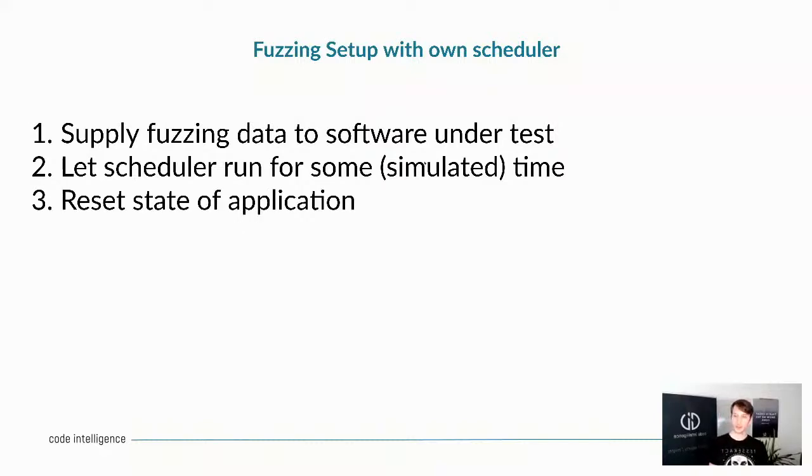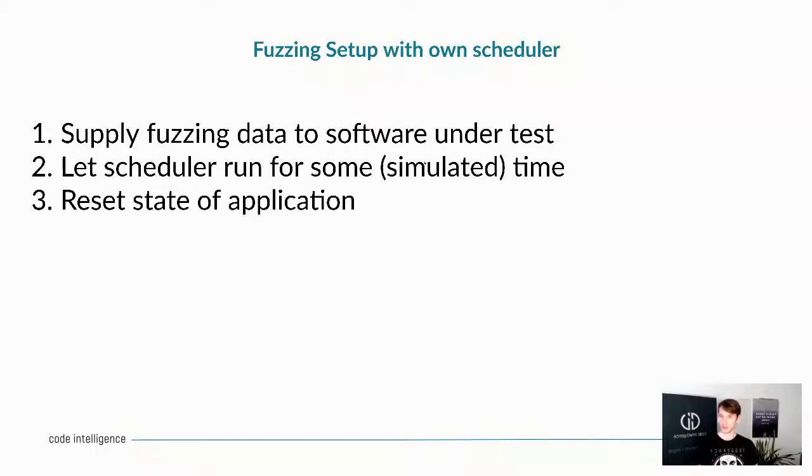Step three, I didn't really touch earlier, but this is also important to not confuse the fuzzer. Whenever you are done with processing an input, you want to reset the state for the application for the next input to come. Otherwise, again, there will be some instability.